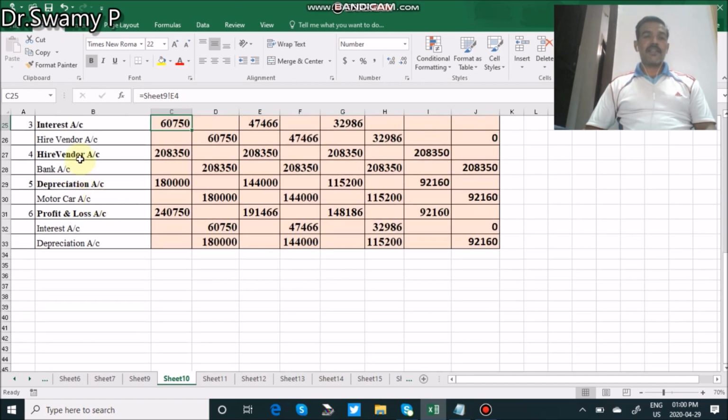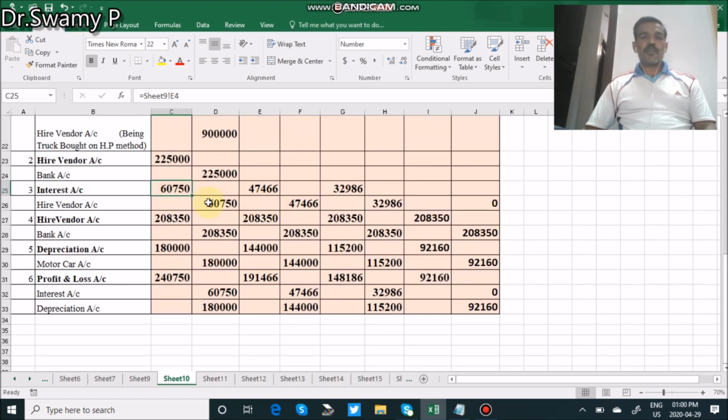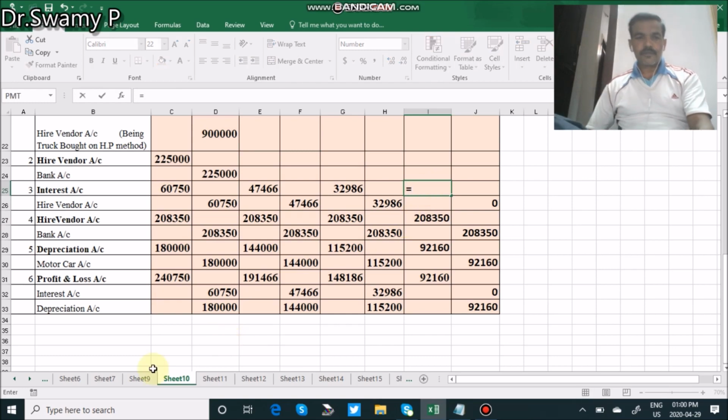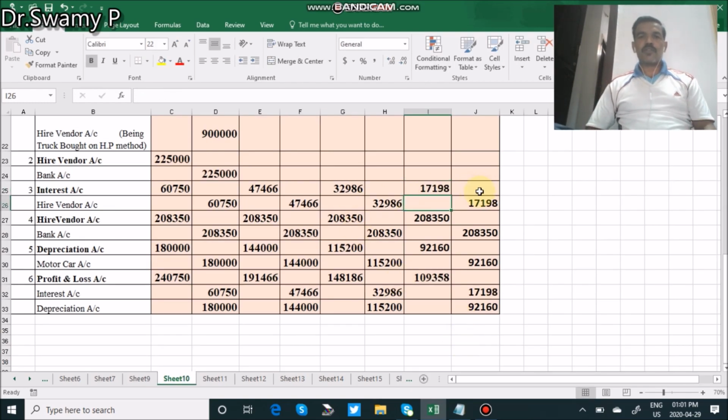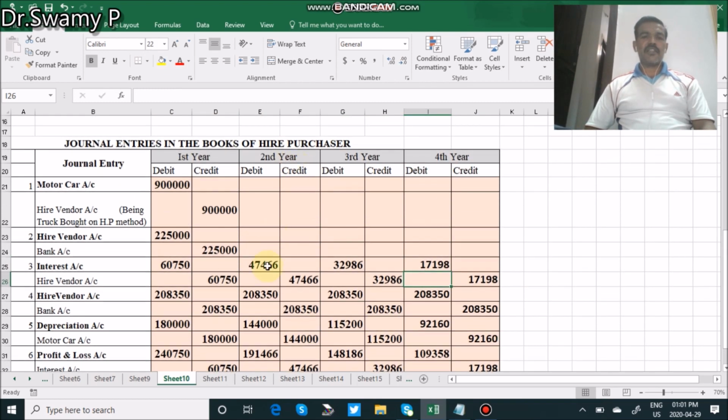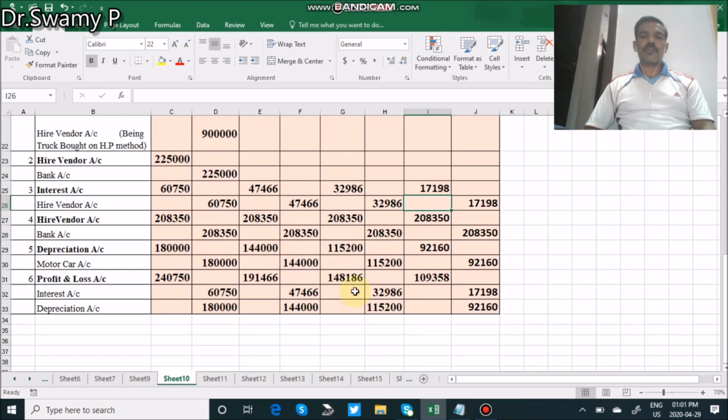The installment amount paid is recorded, 2 lakh first installment, second installment, third installment, fourth installment. Interest amounts for the first year, second year, third year, and the last year interest amount I need to put here. I just go back to this cell and put this amount, the last year interest. So these are recorded in the journal entries, and these journal entries are automatically posted into the ledger accounts also.